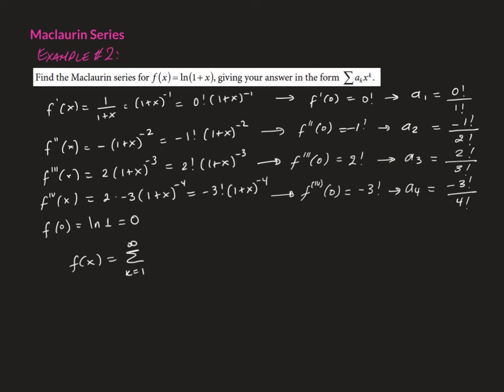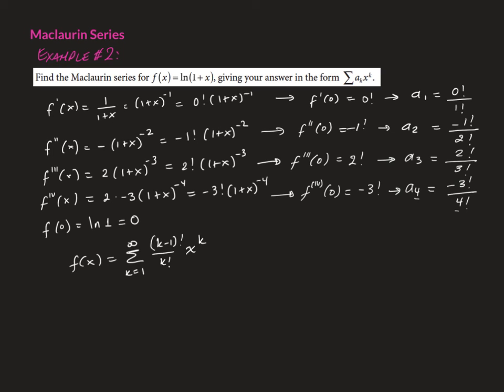So, writing it in general, this should be k factorial in the denominator, because they have to match, and k minus 1 factorial in the numerator, and the power of x, which would be x to the power of k. Now, there's one thing missing.